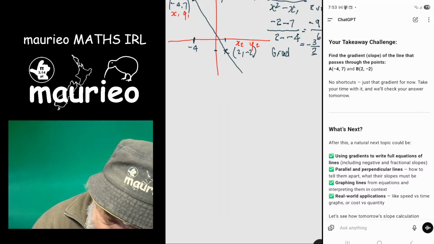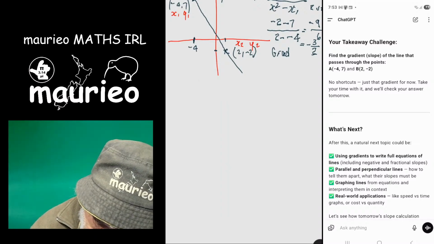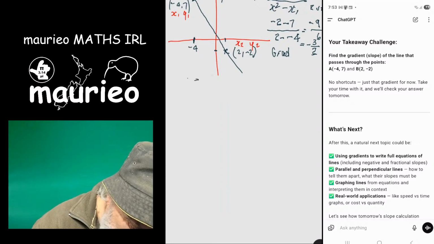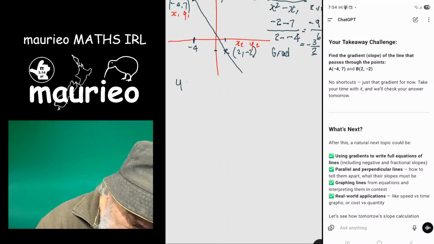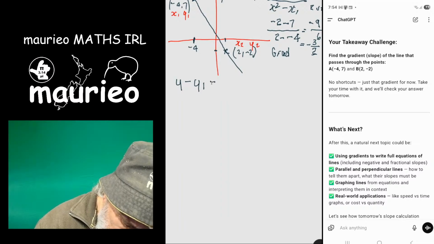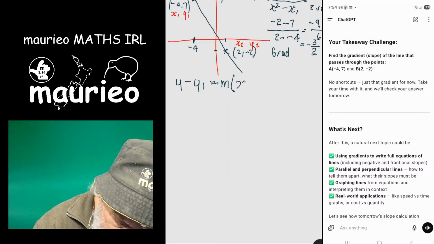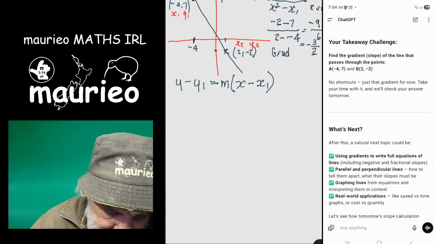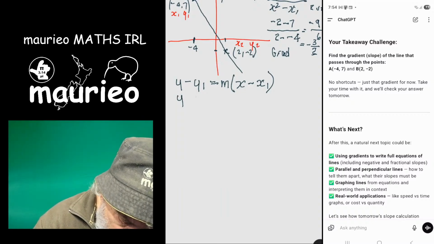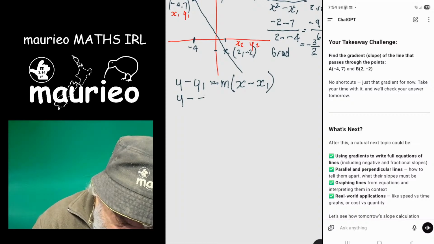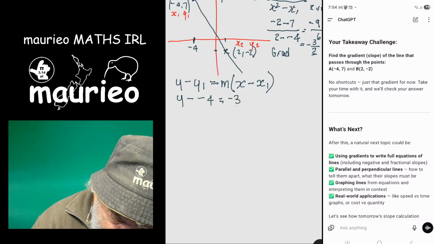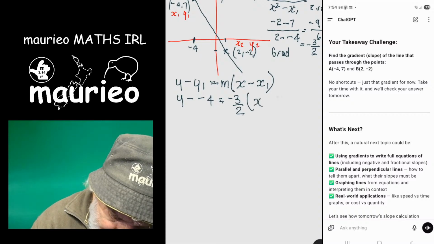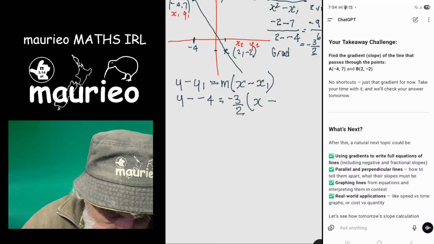All right. So I think I'll start in here now. So we'll use our equation. So we get y minus y1 equals m x minus x1. Right, so let's substitute that in. x1 is -4. Y minus -4 equals m, which is -3 over 2, x minus x1.